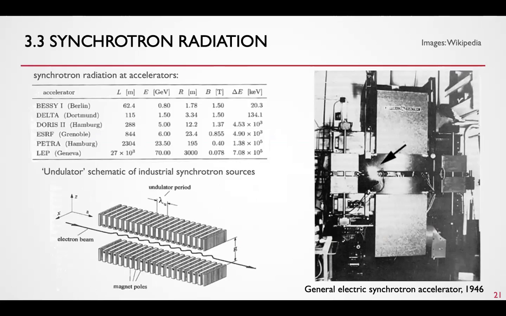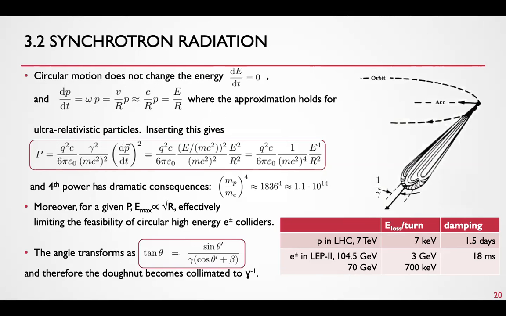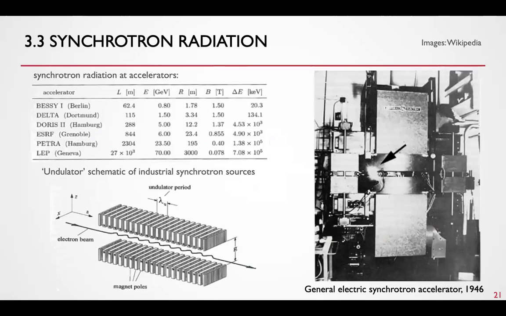synchrotron radiation at accelerators. It's interesting to know, as we've just discussed, that the synchrotron radiation is collimated and leaves the beam tangentially. That means you can very accurately calculate its spectrum and all its properties. That's great because you can do a lot of physics with it, in particular high precision measurement.